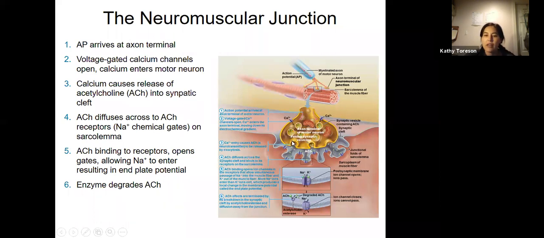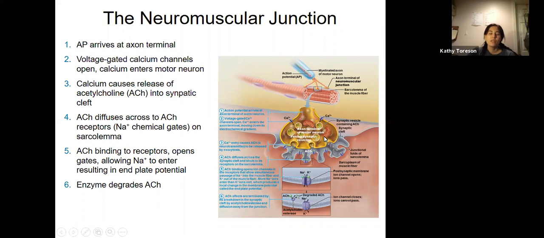This is the axon terminal of the motor neuron. And this is what is delivering the signal, hey, it's time to contract. Down here, we have the muscle cell or muscle fiber, and specifically we have that cell membrane. And because it's a muscle cell, it gets that fancy name, sarcolemma.